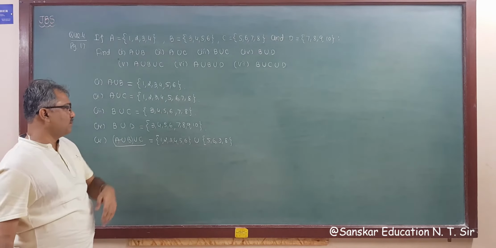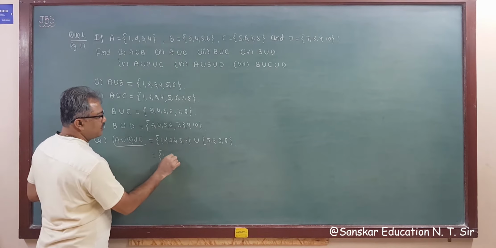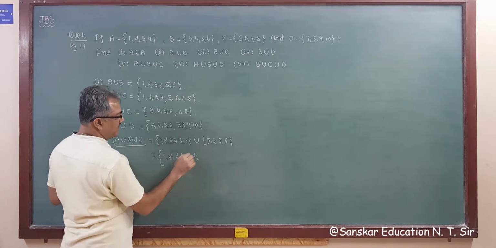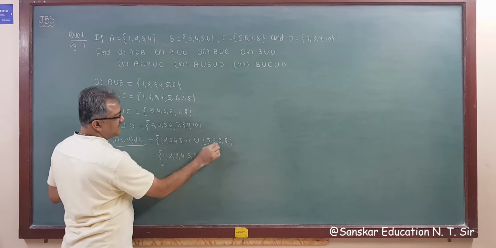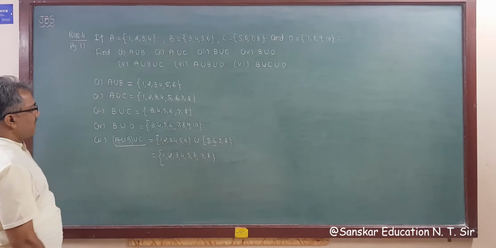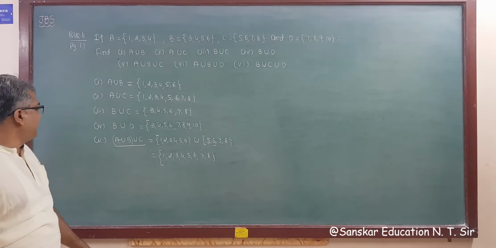Now the union of these two is 1, 2, 3, 4, 5, 6. 5 is already here, 6 here, 7 and 8 are remaining. So it is 1, 2, 3, 4, 5, 6, 7 and 8.